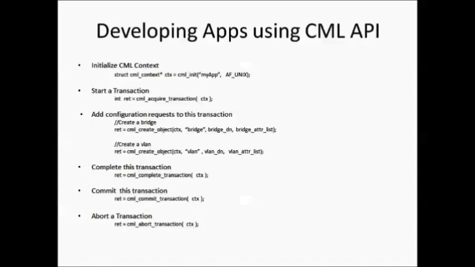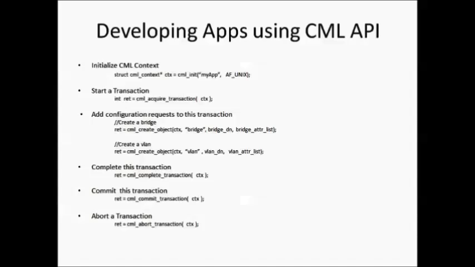So this is the notion of the transaction. You can group together a set of configuration requests into a transaction, and either the entire transaction will succeed or everything will fail. This is what we call that the APIs are ACID compliant.